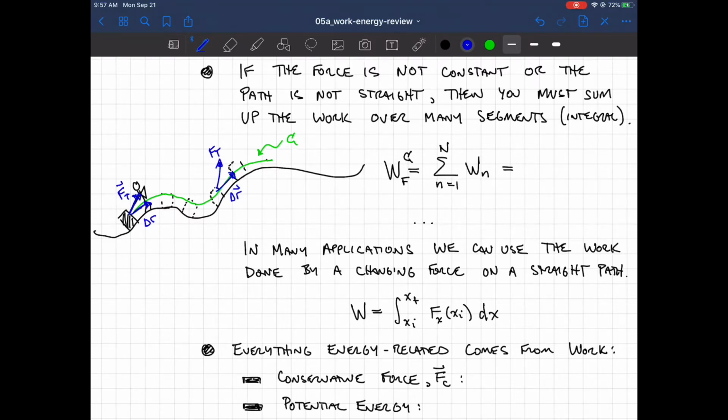So let's look at what that means here. So this thing would be the sum from n goes from 1 to capital N of the force at a particular chunk n dotted together with the displacement at that particular chunk n.